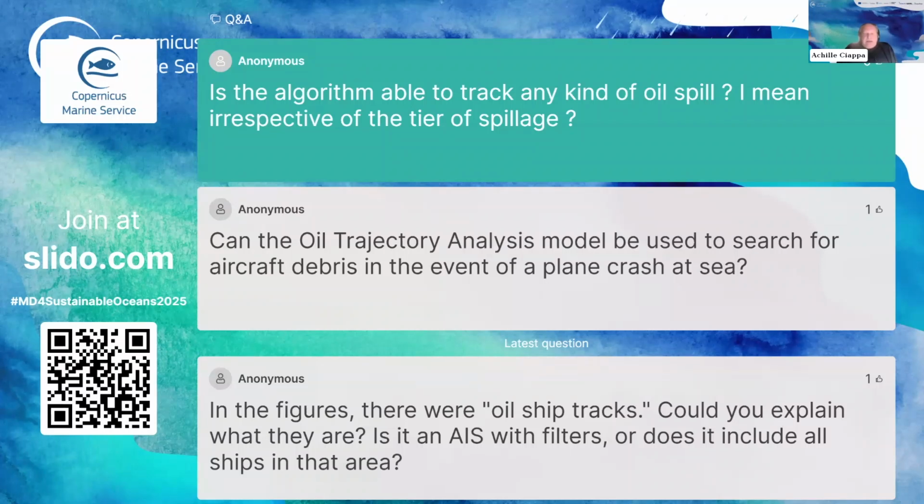But we don't know exactly in the future which oil spill will hit a specific coastal site. So I would answer this question by saying that it's a preventive action, so we can expect the worst as usual.